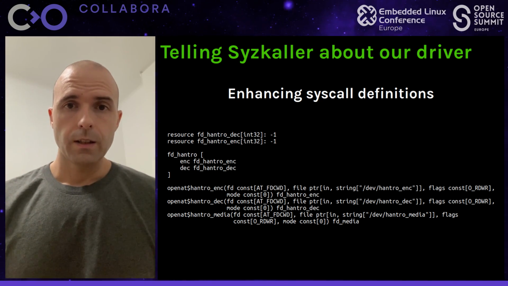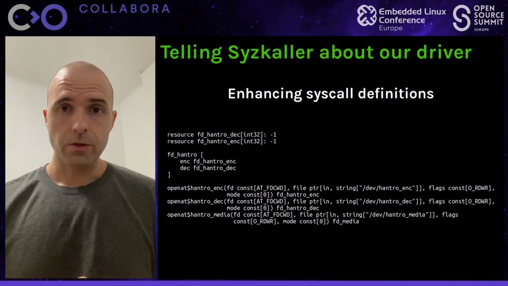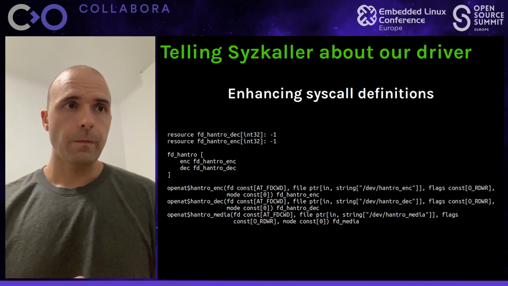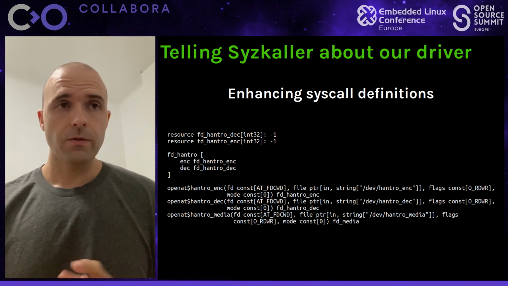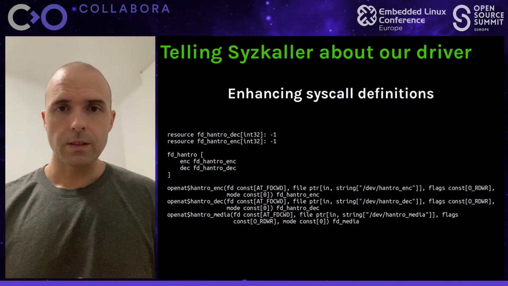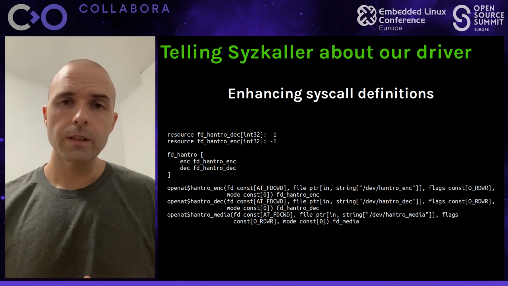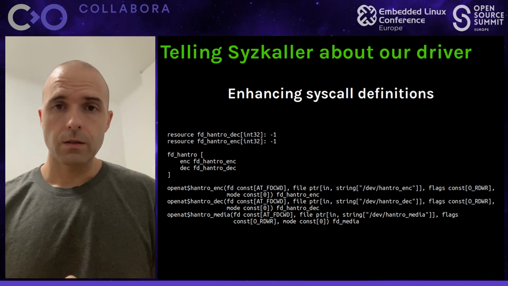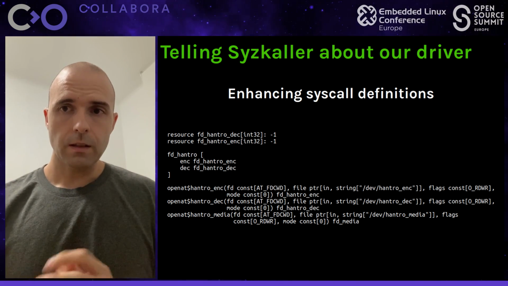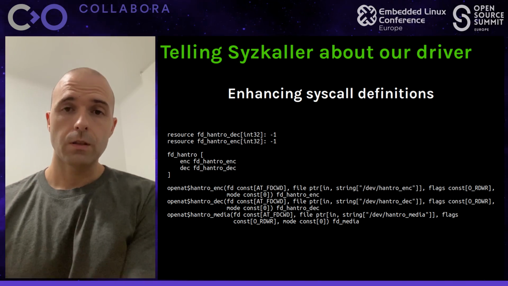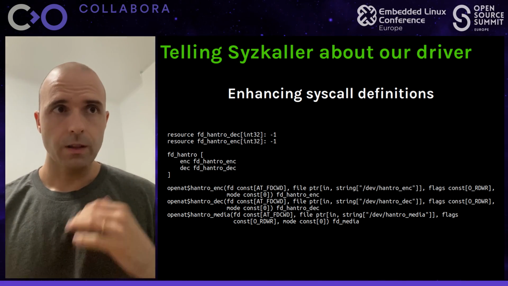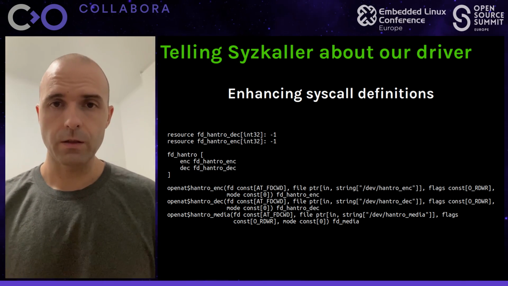For example, the descriptions for Video for Linux 2 drivers were created a long time ago, and they are not complete. Furthermore, Video for Linux 2 drivers have a notoriously complex and big user interface, and it's always constantly changing, so the descriptions may be out of date, and if we use a recent driver, it will most likely use newer operations and flags that aren't maybe described yet.